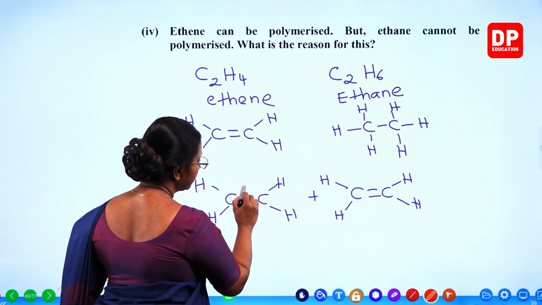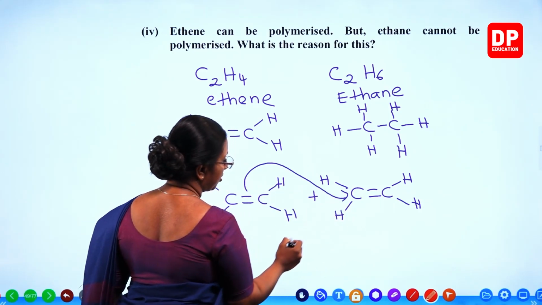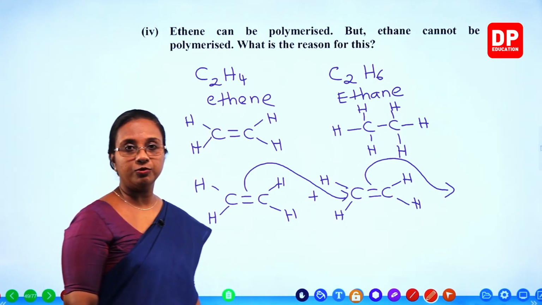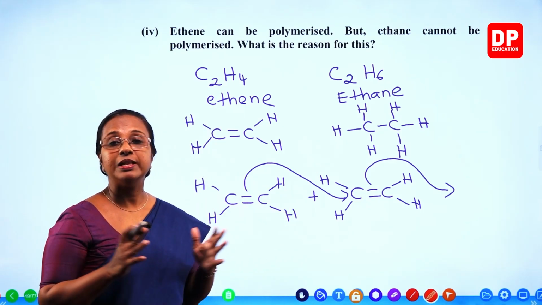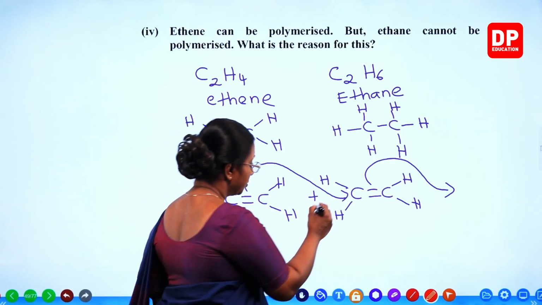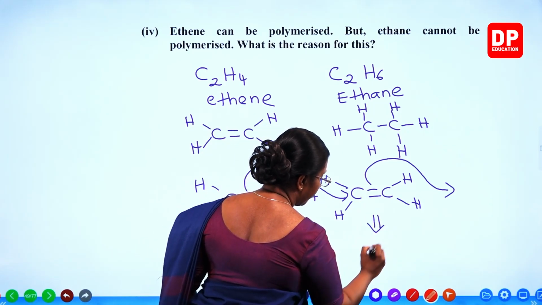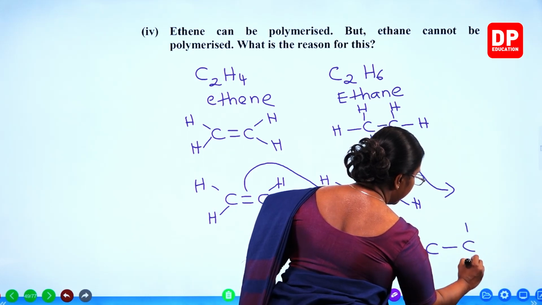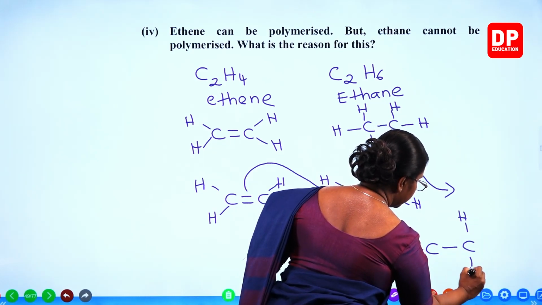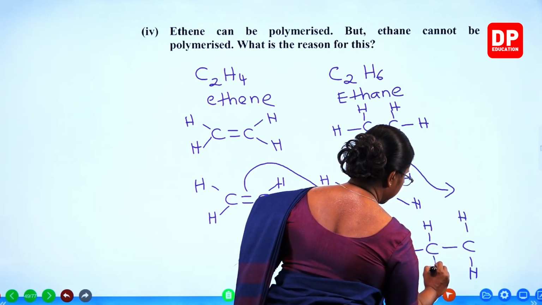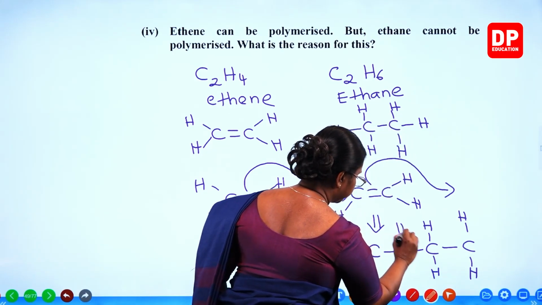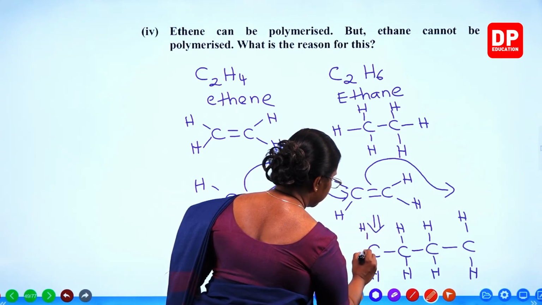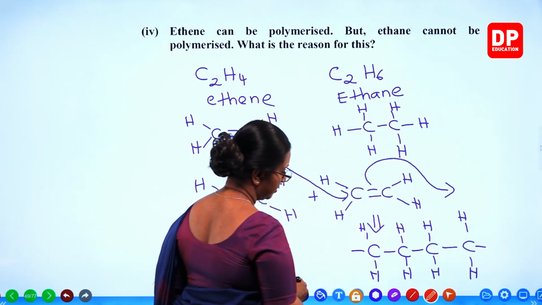When they form bonds, this bond breaks and forms a bond here. This breaks and forms a bond with the next molecule. So like that, you will get a long chain. So this will give rise to the formation of a long chain. Like that. So you can form bonds there.